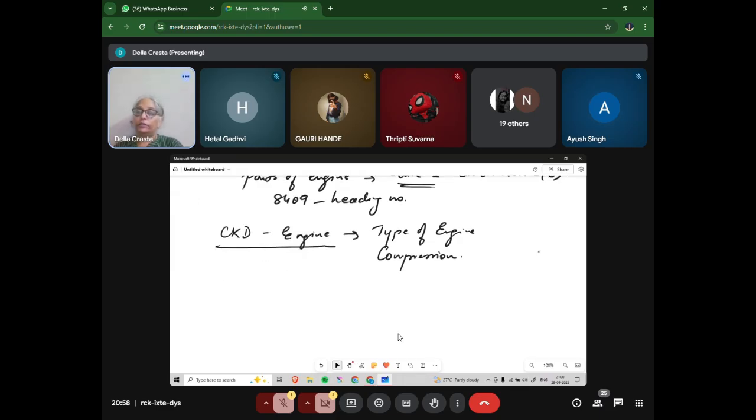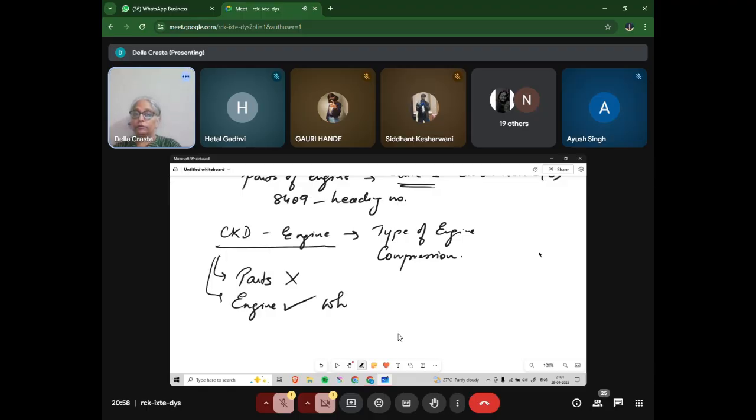Engine in a CKD condition. Will you classify it as parts? Will you classify it as engine? Engine. You'll classify it as engine, you'll not classify it as parts.